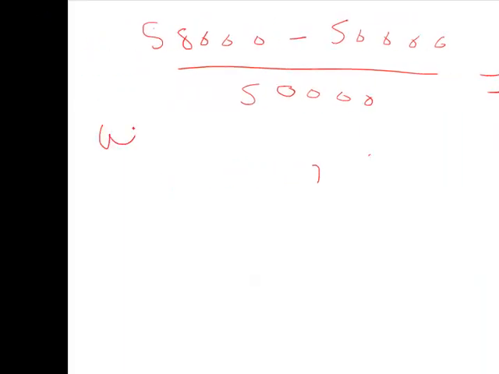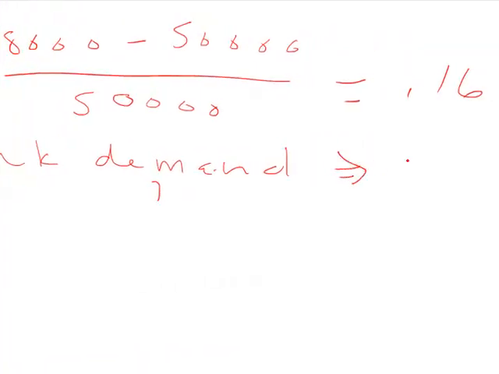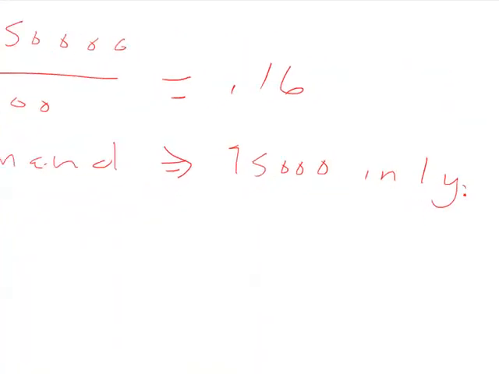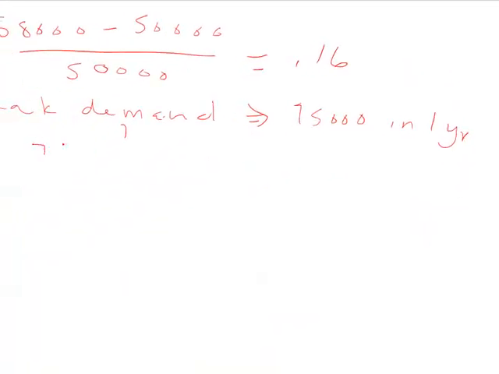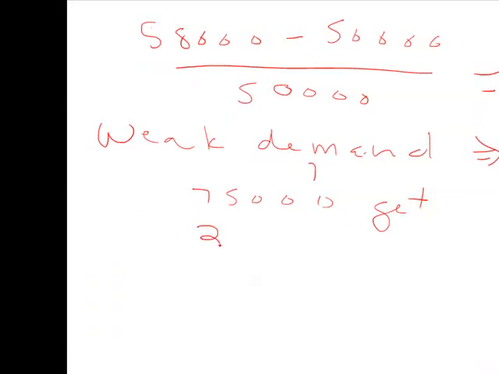You could have had weak demand. If there was weak demand, then you'd only get $75,000 in 1 year. You still have to pay back the bondholders, so you get $75,000. You pay back $26,000 to the bondholders. That leaves you with $49,000.